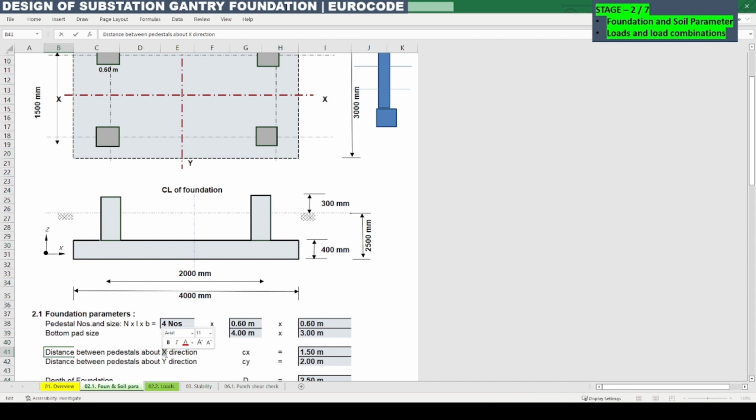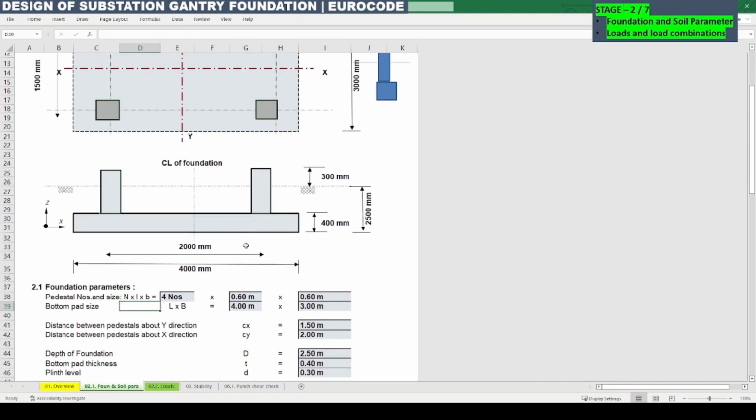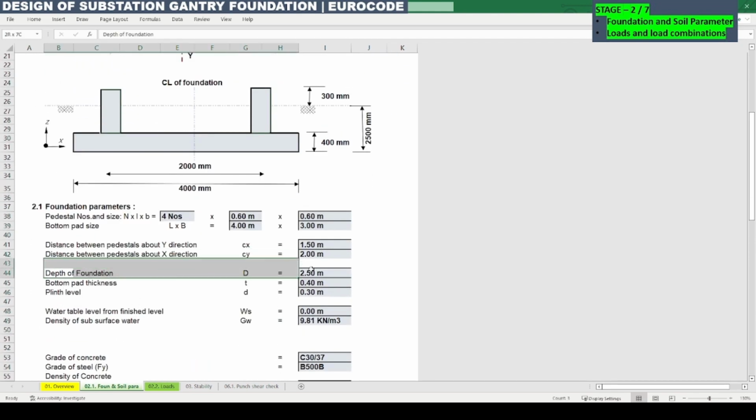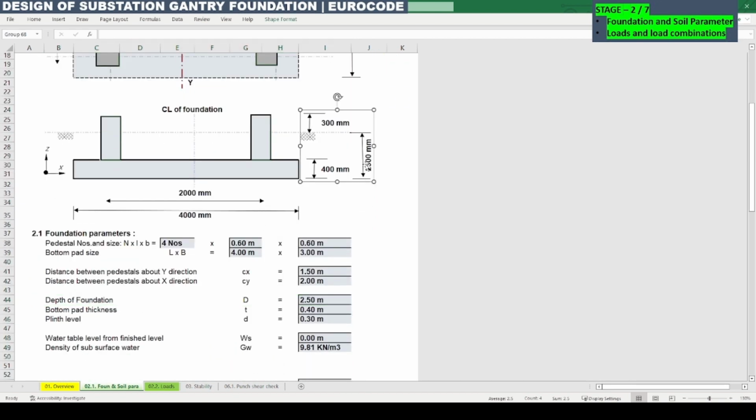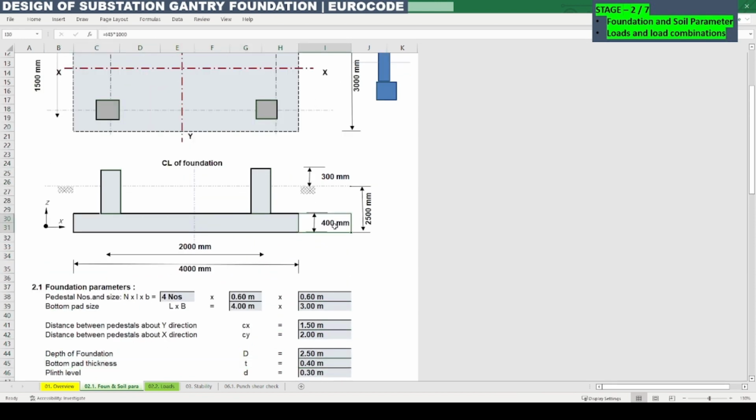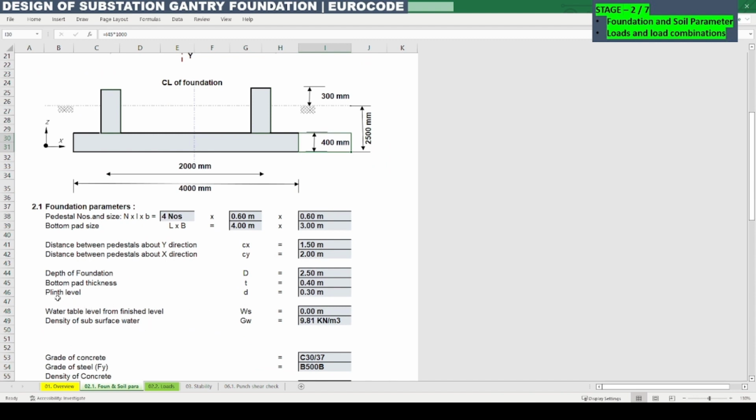So it should be y and x. And the depth of foundation we had seen here is 2.5 meter. Bottom pad thickness is 400 mm. Plinth level is 300 mm.